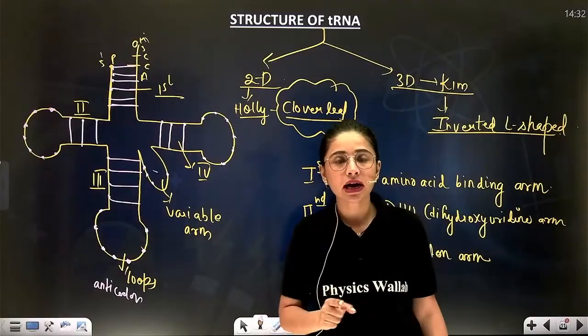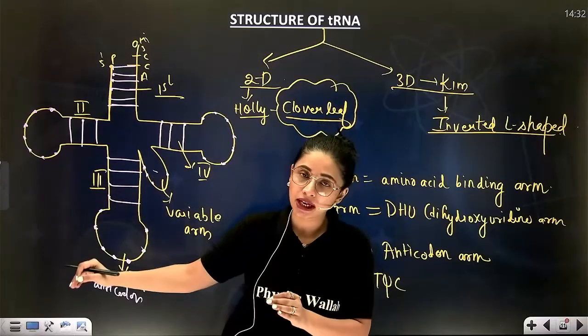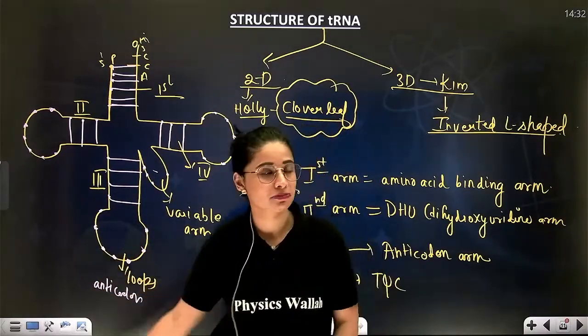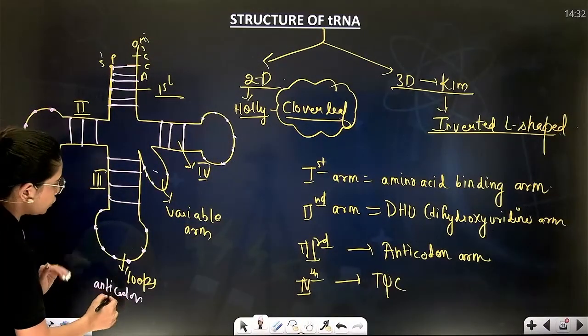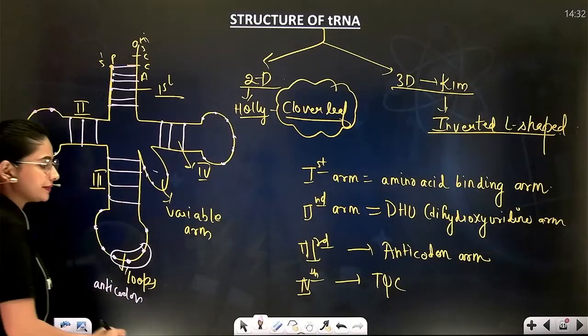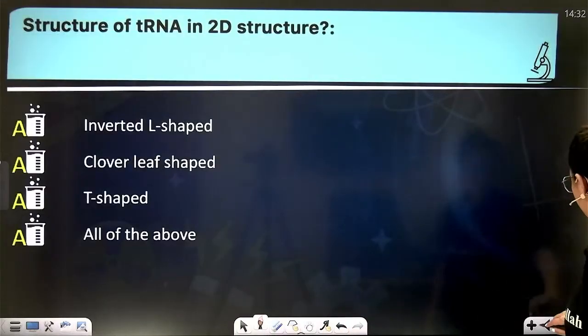The first arm is responsible for binding to a specific amino acid, and the anticodon, this I need to explain to you, which is very, very important. Now, in case of the anticodon loop, let me take one more page.